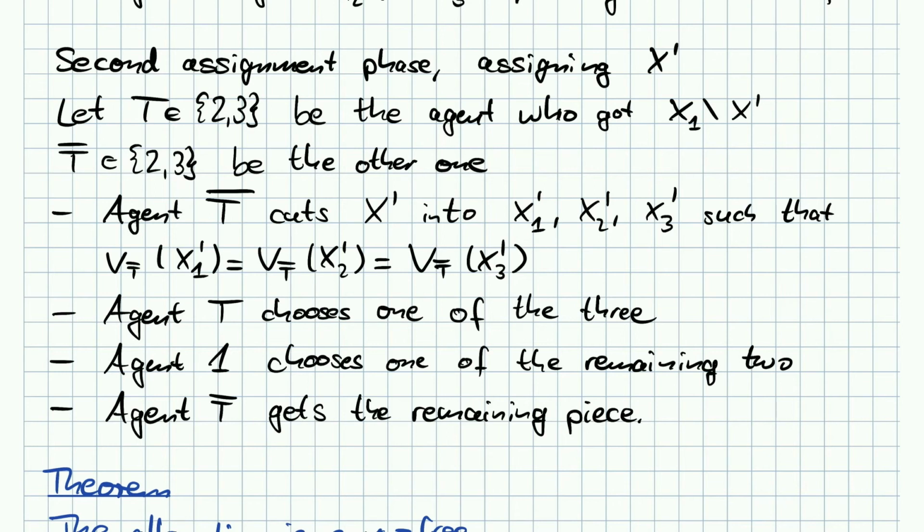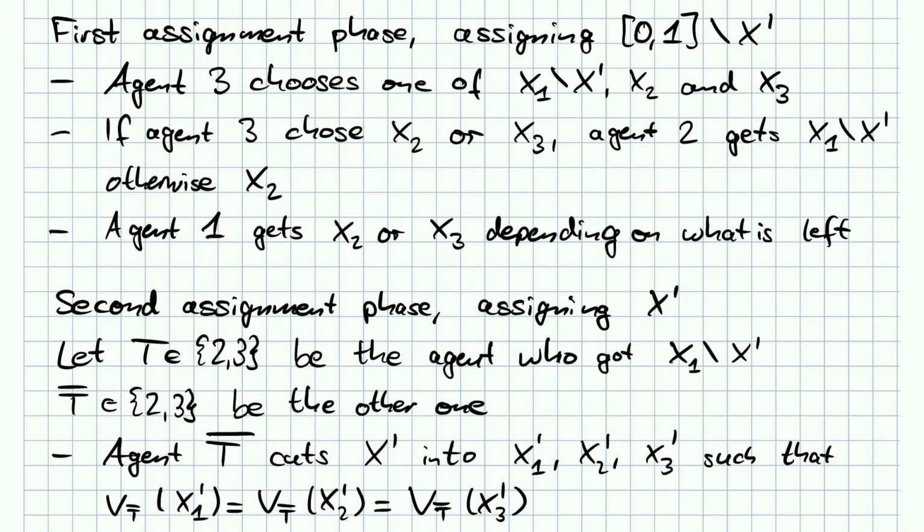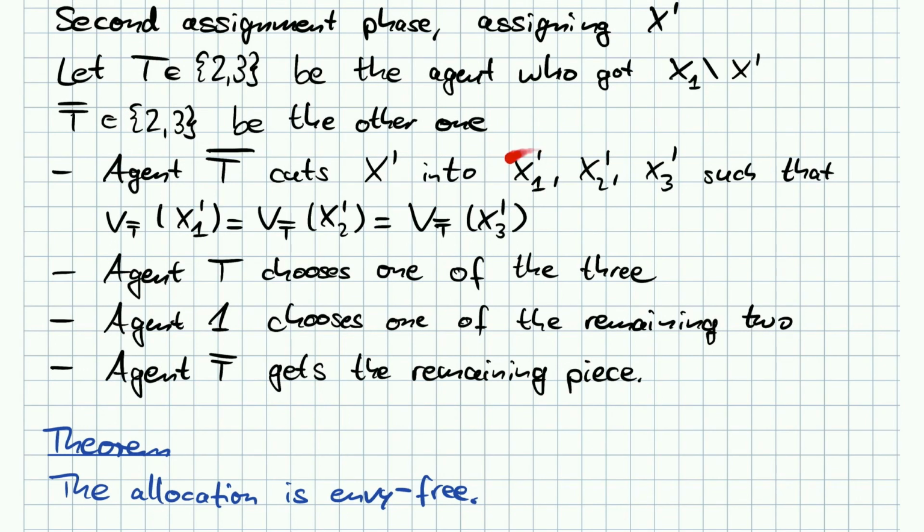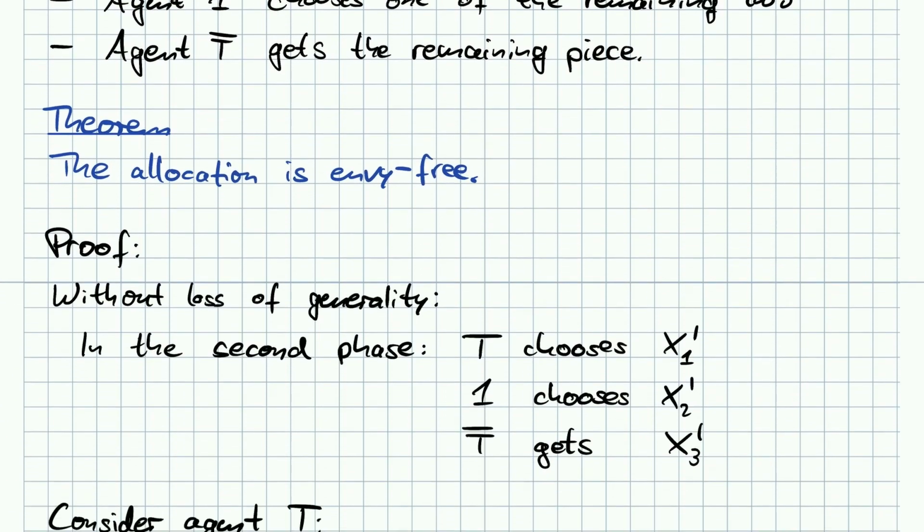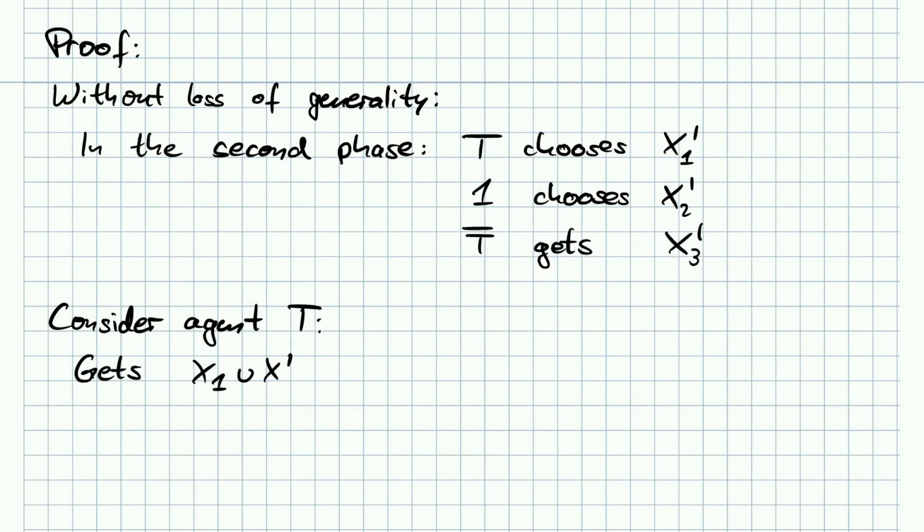In the first phase somebody takes x1 take away x prime, and we call T the one who got this, and then they also got x1 prime. So they're getting x1 take away x prime union x1 prime.